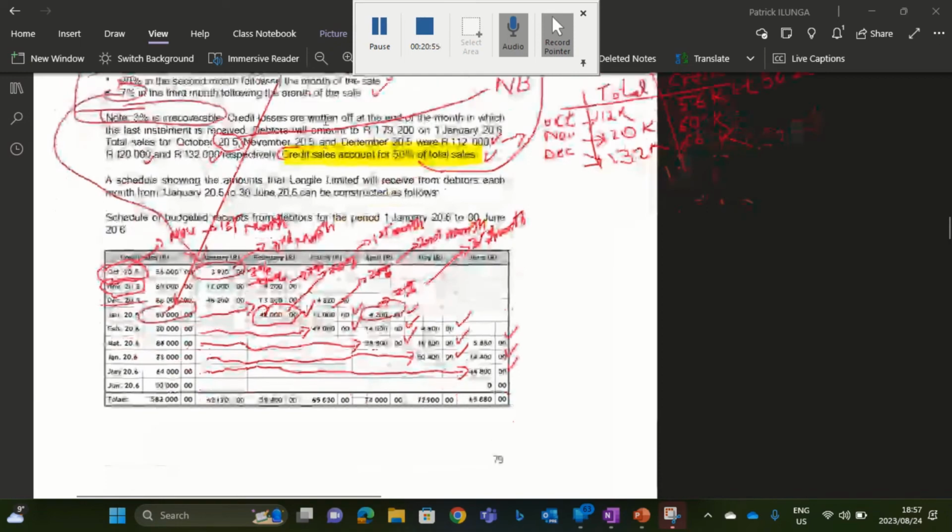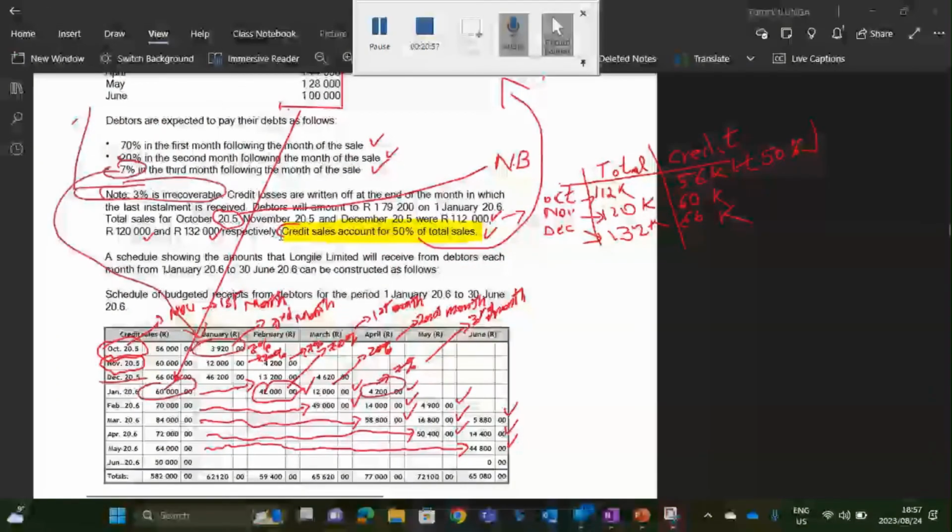Right, it makes sense, okay? And what they provided you in this example is October, November, and December. Why is that? Because you need to look at those three.